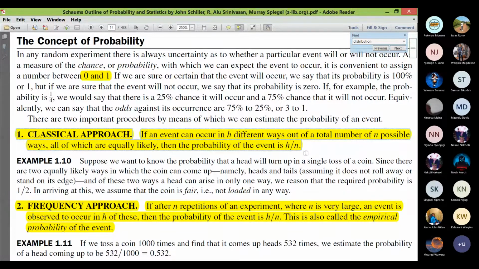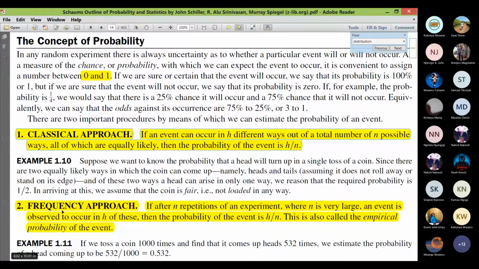If you're tossing a coin, your sample space is 2, so the denominator of the fraction you give as your probability will be 2, and the numerator is the number of possible ways that whatever you're looking at can happen. Heads appears once, so there's one likelihood that head comes up, and one that tail comes up. That's the classical approach.